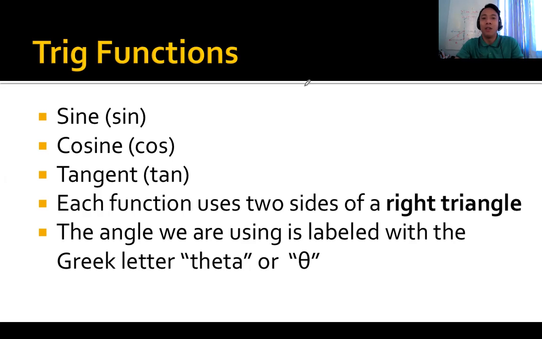Each function uses two sides of a right triangle. The angle we are using is labeled with the Greek letter theta. Nare-recall na ba yung inyong mga memories, trigonometry? So we will use it again now here in physics.